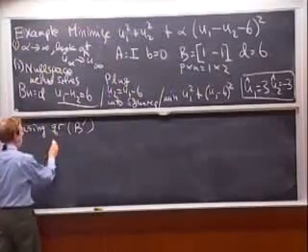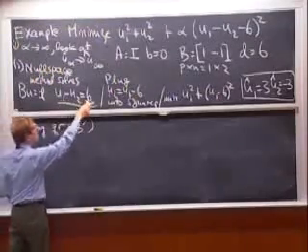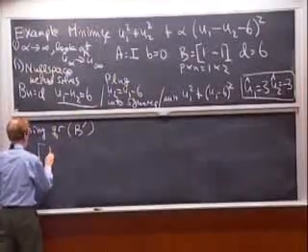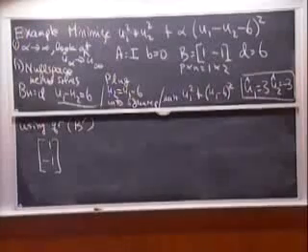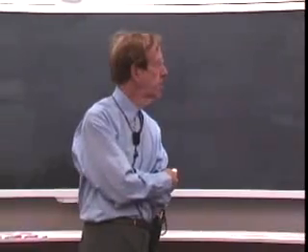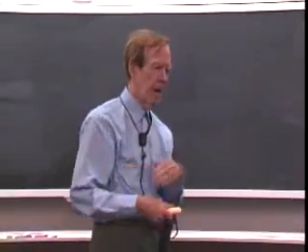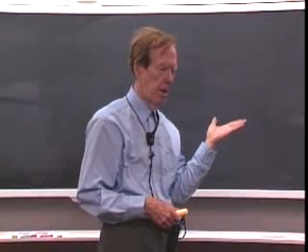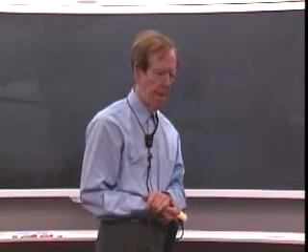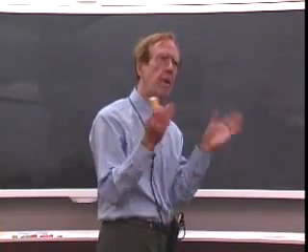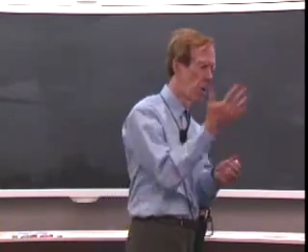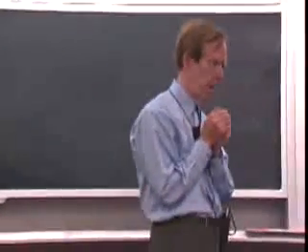B prime, the transpose of B, is just 1, minus 1, right? Okay. Now, what does Gram-Schmidt do to that matrix? Well, the idea of Gram-Schmidt is to produce orthonormal columns.